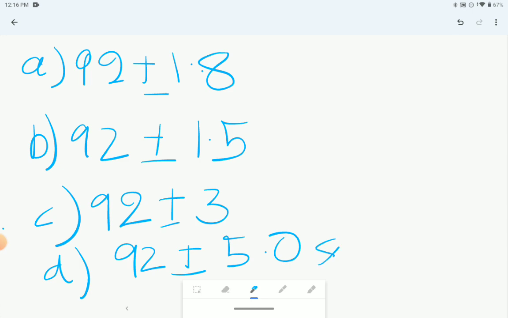Right? These were the options given. So let's solve the question.